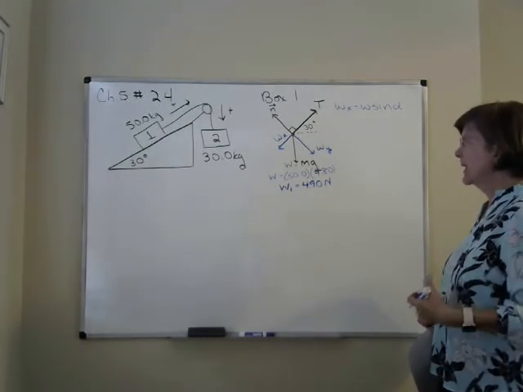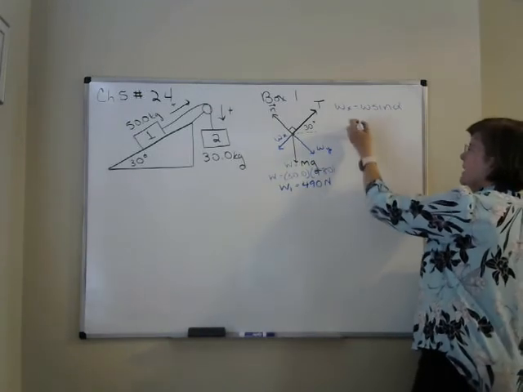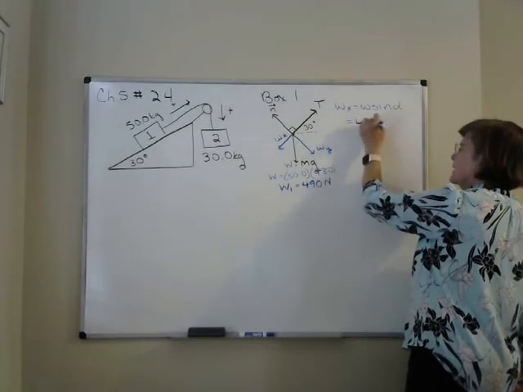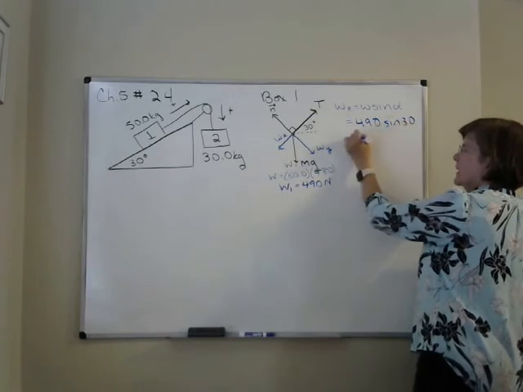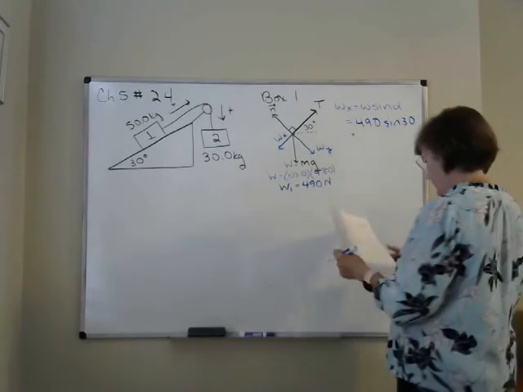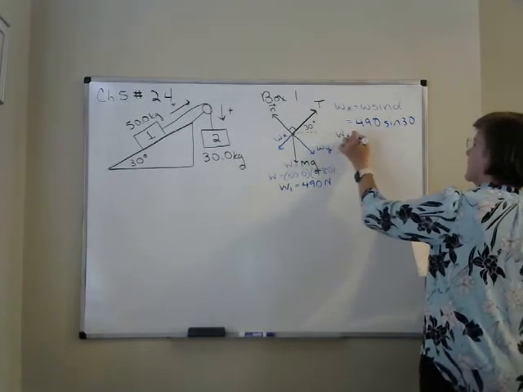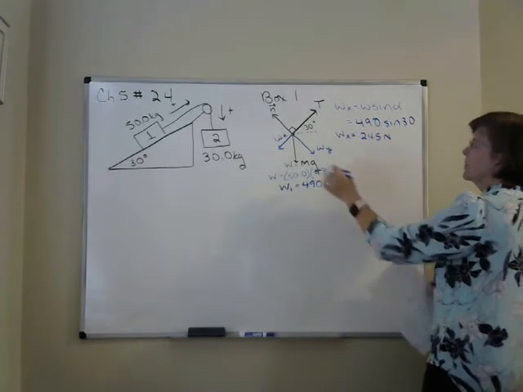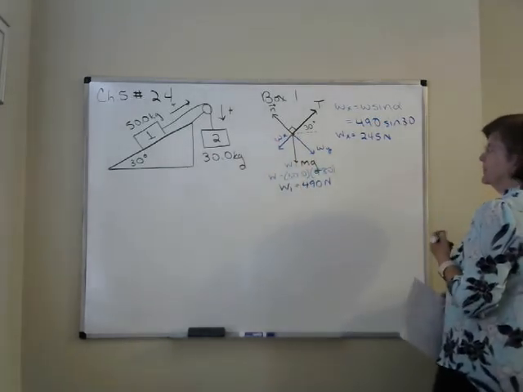For an inclined plane, the component along the ramp is W sine alpha, so that's going to be 490 sine 30. And when I do 490 sine 30, I get 245 newtons. So I know which direction this is, but I don't know how big it is. That's going to be helpful in a minute.